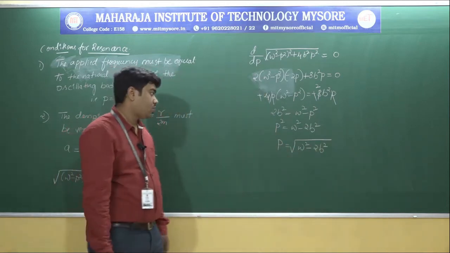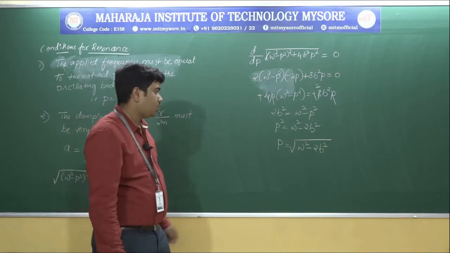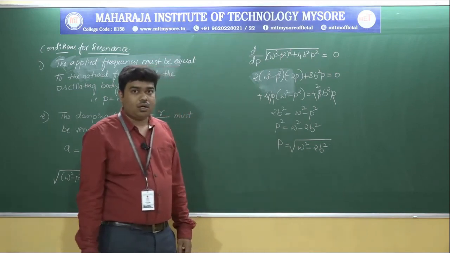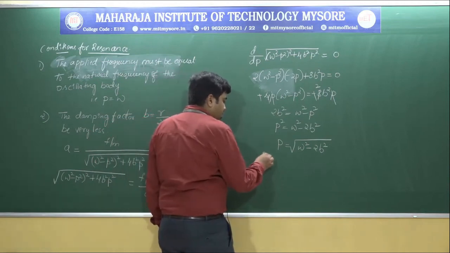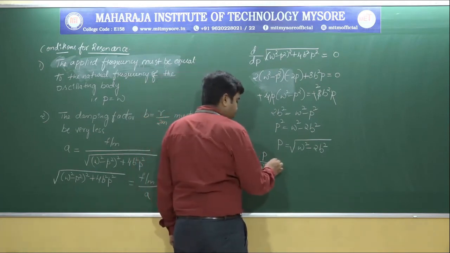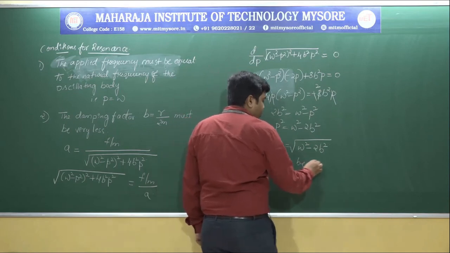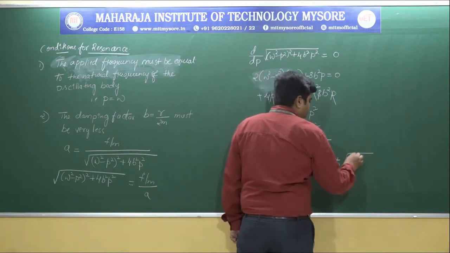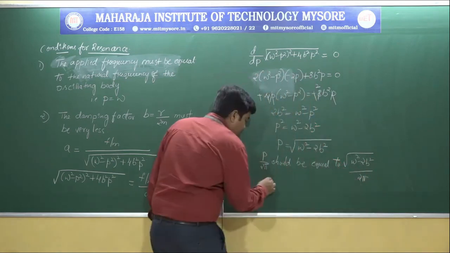Now, this is the final expression we got by differentiating the amplitude term for the forced oscillation: P is equal to square root of omega square minus 2b square. Now, in order to get the resonance condition, the applied frequency P by 2 pi should be equal to square root of omega square minus 2b square by 2 pi.